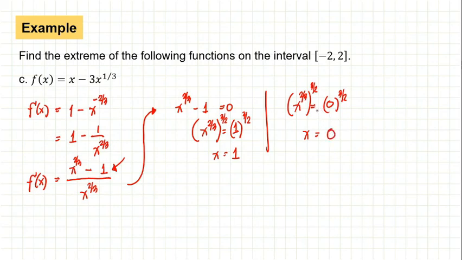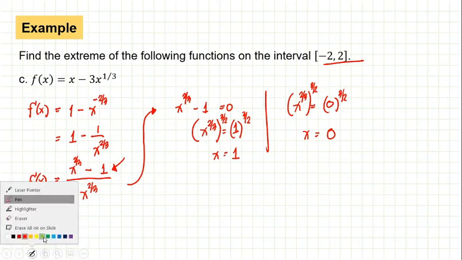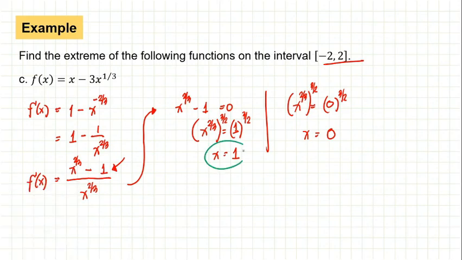Okay, so we have two values of x here, 1 and 0. And we need to make sure that those values are within the given interval. And I think 0 and 1 are inside of -2 and 2. Therefore, we have two critical points here. So we will take both x equal to 1 and x equal to 0.